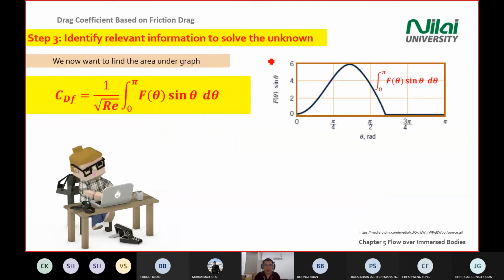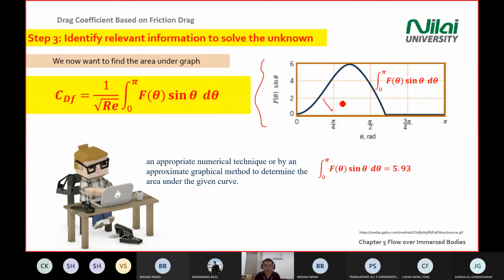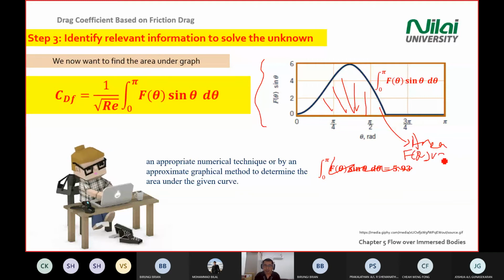Okay, then maybe in the exam, I will just give you the final result conversion. I give you the area under the graph, this one. Of course, I won't write out this one. I'll give you the area under the graph. Area under the graph of f theta versus theta in radians is 8.18 unit square.